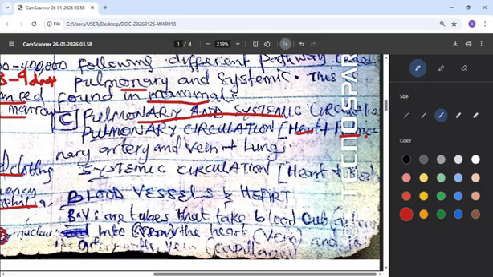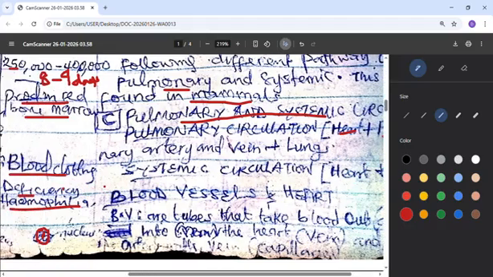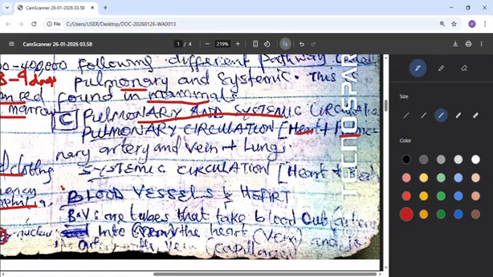This pulmonary is where the blood will enter after leaving the heart. Still looking at the different circulatory systems, we have seen pulmonary, which is majorly going to the lungs. As you can see the arrangement here, from the heart to the pulmonary artery and then vein, then to the lungs.